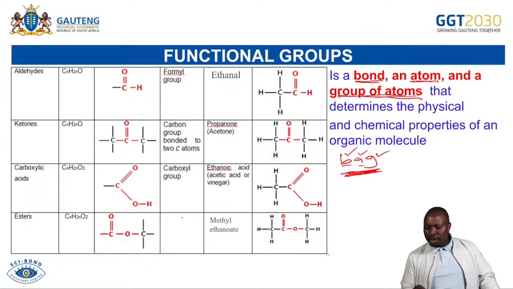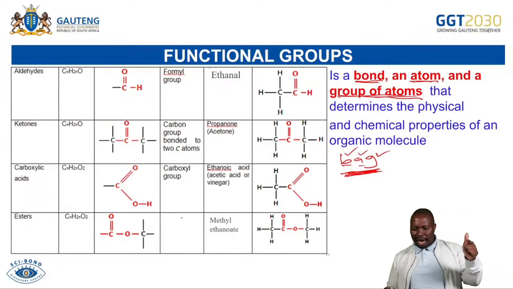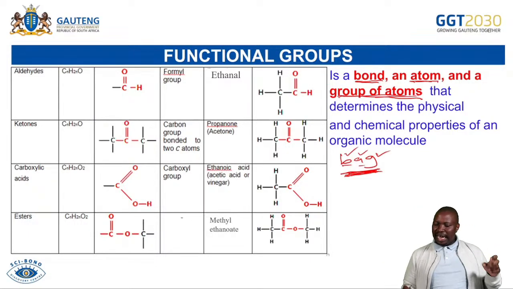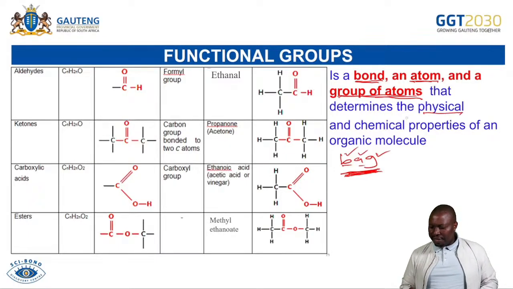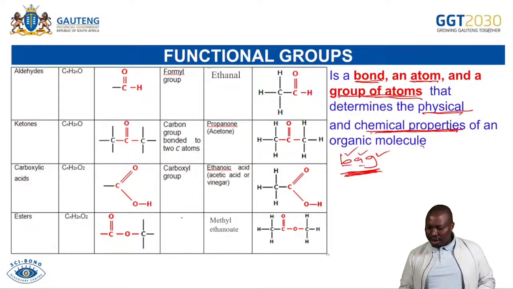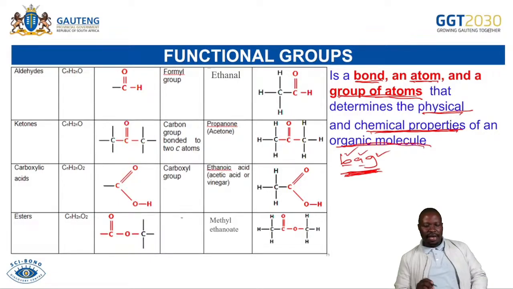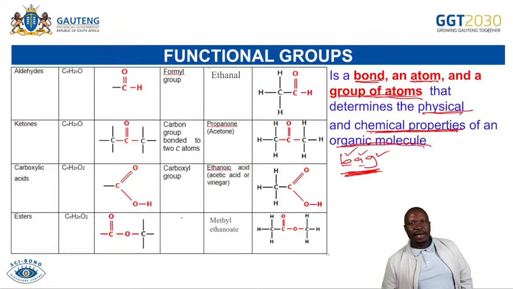You don't leave anything. You will say it's a bond, it's an atom, it's a group of atoms that determines the physical, which is question 3, and the chemical properties, which is question 4. So it determines the physical and chemical properties of an organic molecule, and then we have those remaining there.